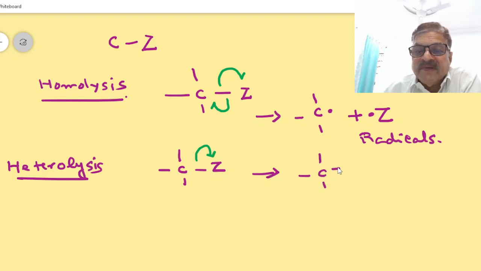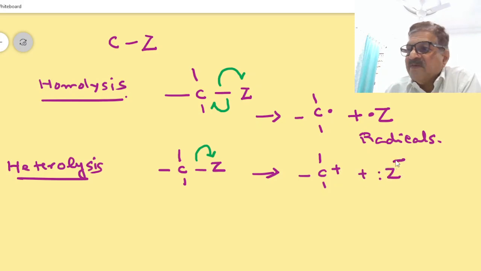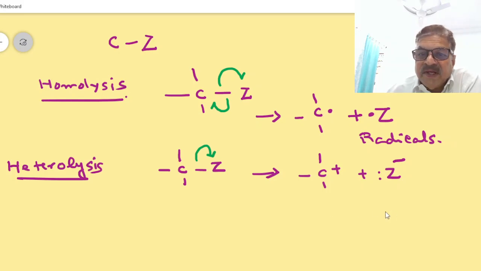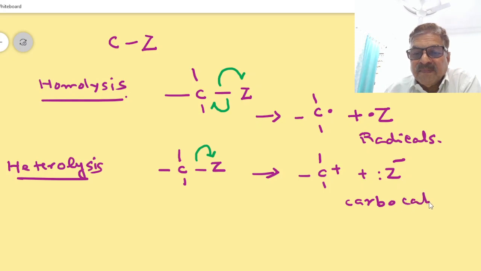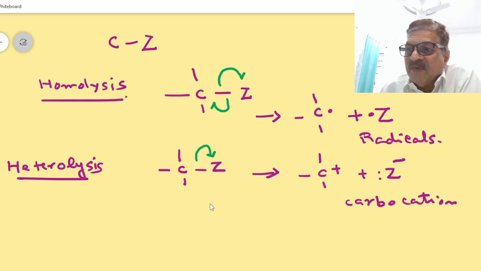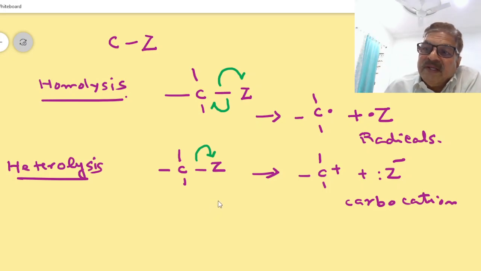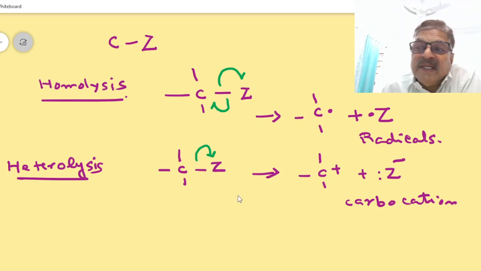there is a plus charge here, then we get a minus. Ions are formed here. This is known as a carbocation. That is, a carbon atom with a positive charge is a carbocation. Now we will be getting ionic intermediates, not radical intermediates.